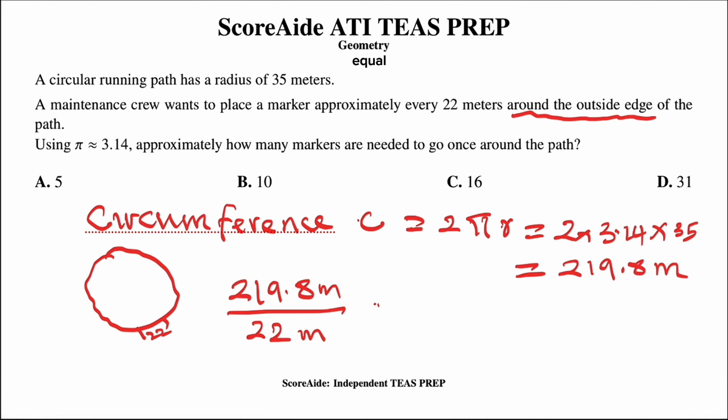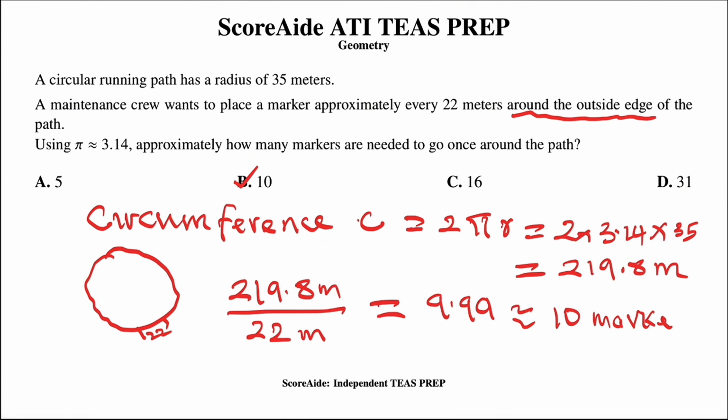So this is gonna be equal to 9.99, which is approximately 10 markers. Right? So 10 markers of 22 meters each around that circular edge.